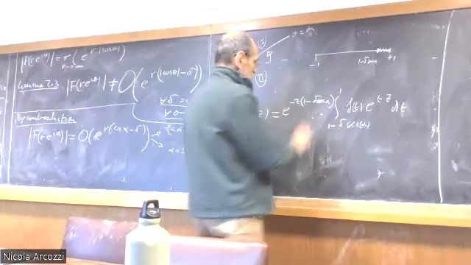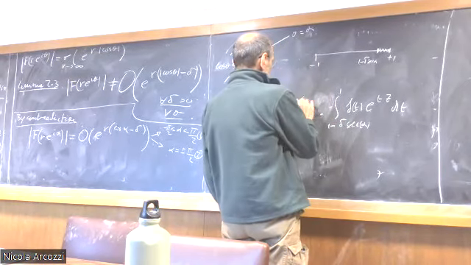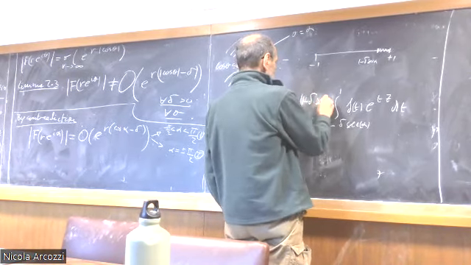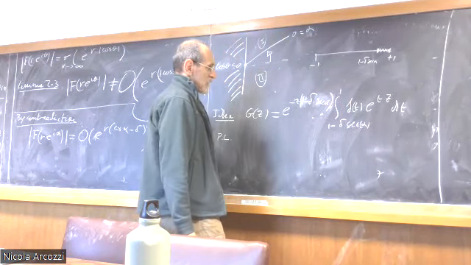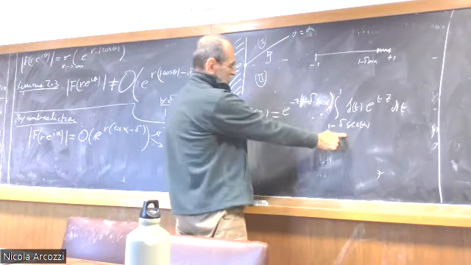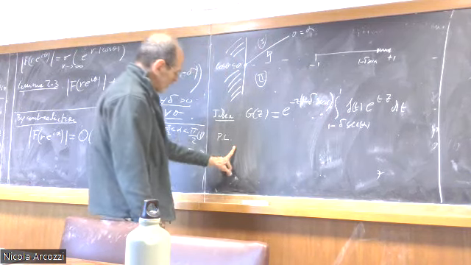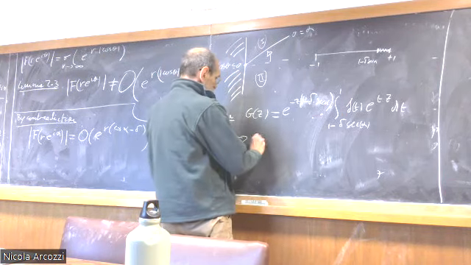Minus zeta times 1 minus the same thing over there, 1 minus delta over cosine of alpha, which is down here. So the idea is to use Phragmén-Lindelöf to show that G is bounded.